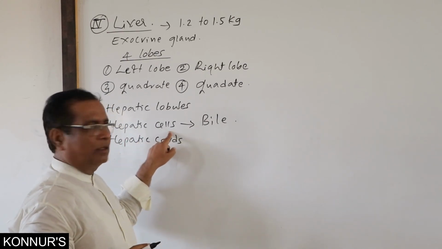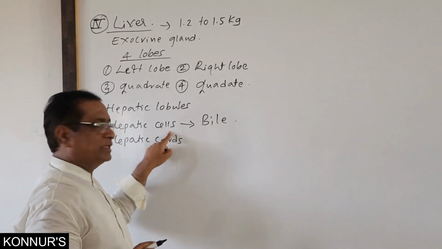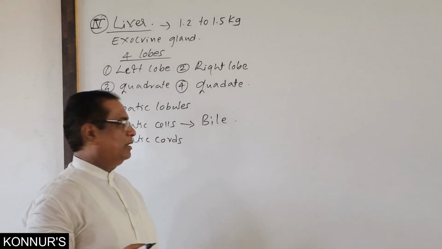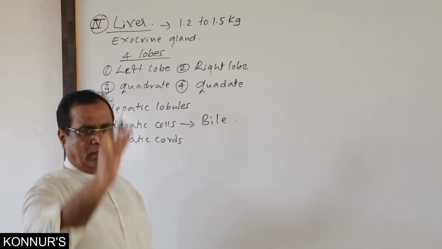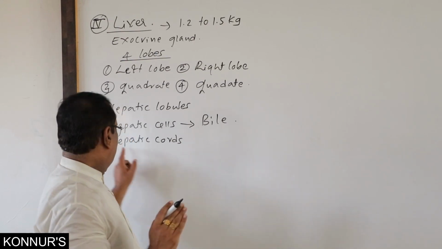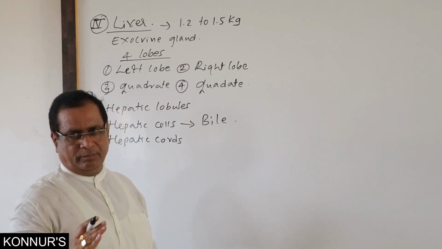Hepatic cells are the liver cells. They are meant for the production of bile, but these cells are there in the form of a column named hepatic cord.